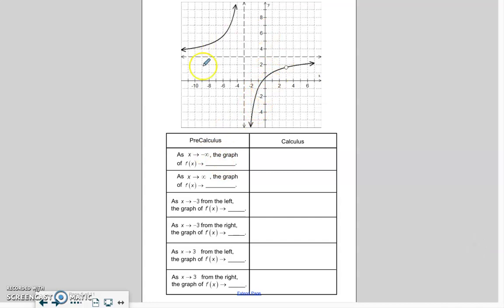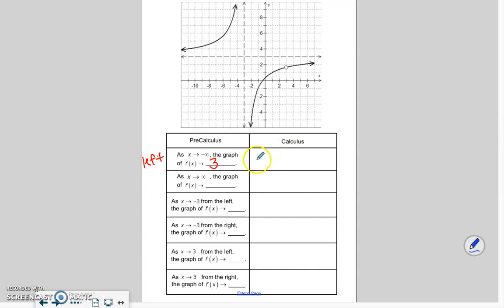So it's asking you to read the graph and look at what's happening as x goes to negative infinity, which is like go to the left side of the graph. So the left side of the graph appears to be leveling out, and it is leveling out right at the asymptote, which is at 3. So that's how we would say that in pre-calculus.